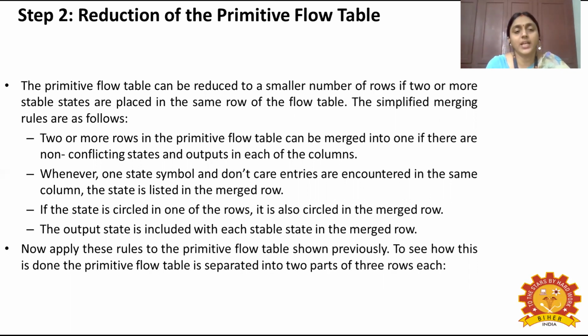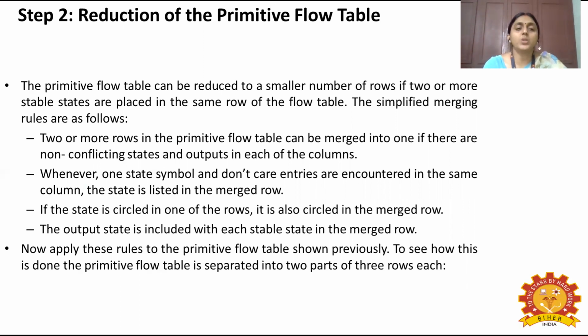Whenever one state symbol and don't care entries are encountered in the same column, the state is listed in the merged row. If the state is circled in one of the rows, it is also circled in the merged row. The output state is included with each stable state in the merged row.